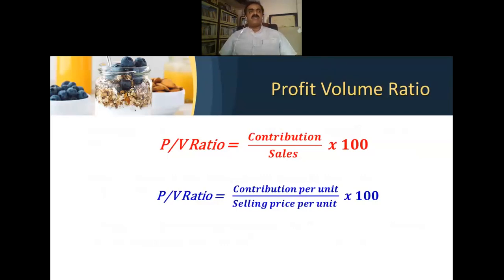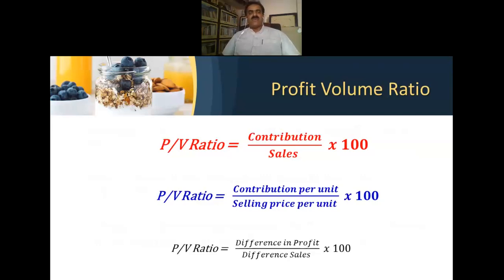The PV ratio can also be calculated on a per unit basis. When the selling price and the variable cost per unit are given, the PV ratio can be calculated on that basis too, and the ratio you get remains the same. Assume contribution by sales into 100 gives 30%; the contribution per unit divided by selling price per unit multiplied by 100 gives the same percentage.